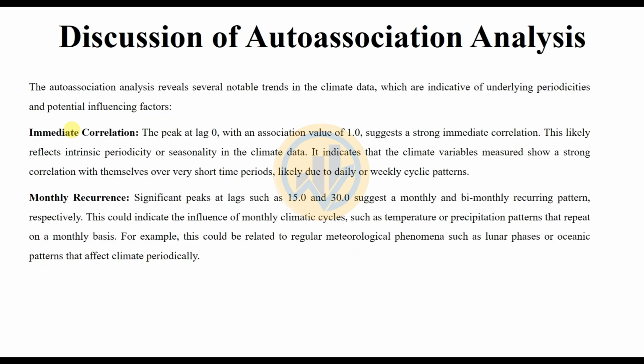Now the discussion of the autocorrelation analysis in PAST statistical software. The autocorrelation analysis revealed several notable trends in the climatic data, which are indicative of underlying periodicities and potential influencing factors. First, immediate correlations: the peak at lag 0 with an association value of 1.0 suggests a strong immediate correlation.